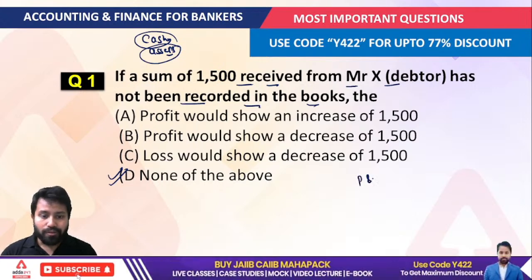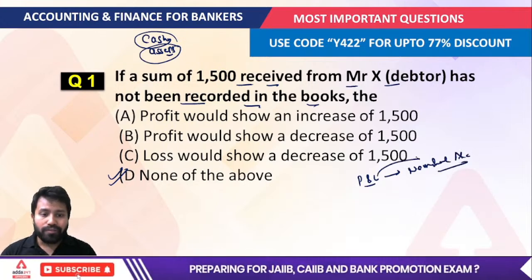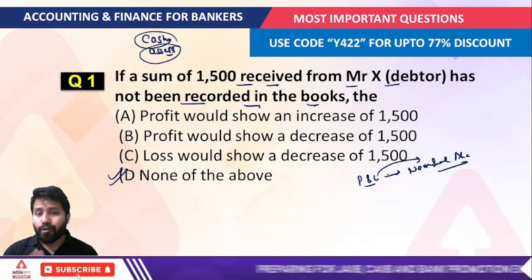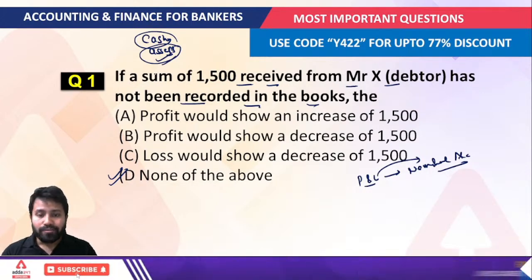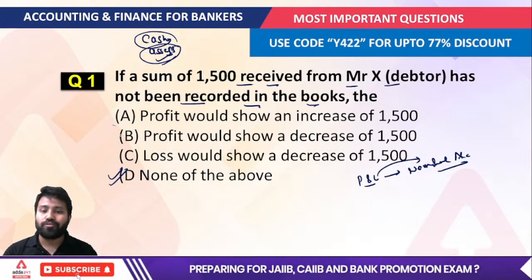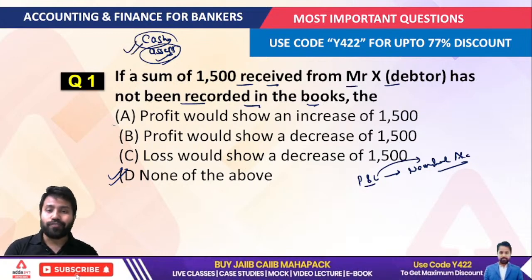When we talk about profit and loss, you actually talk about the nominal account category. Here we are talking about the asset. That means the correct answer is neither profit nor loss, this should be none of these, because this is a thing that you can relate to the asset.